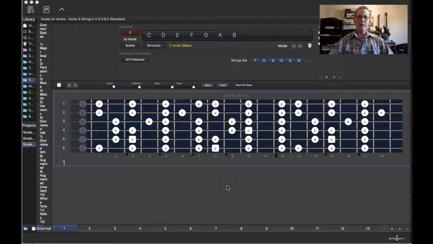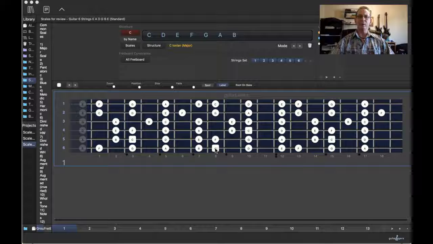Okay, so now we have on the fretboard here the C major scale, and we're using the interval degree system. We've placed the root interval on C, so that converts to the C major scale, using the notes that you see, C, D, E, F, G, A, B, back to C, one octave up.